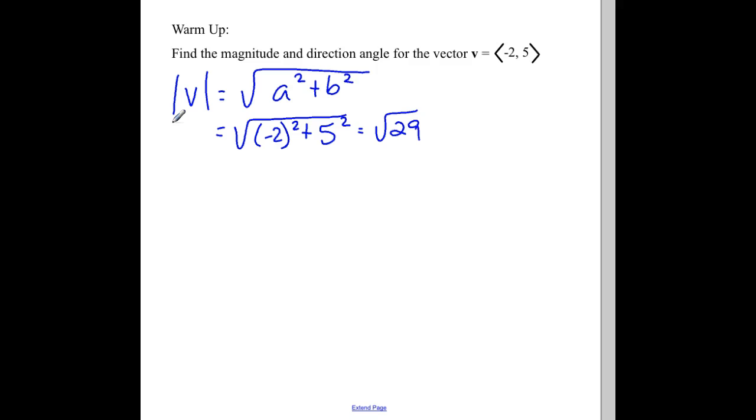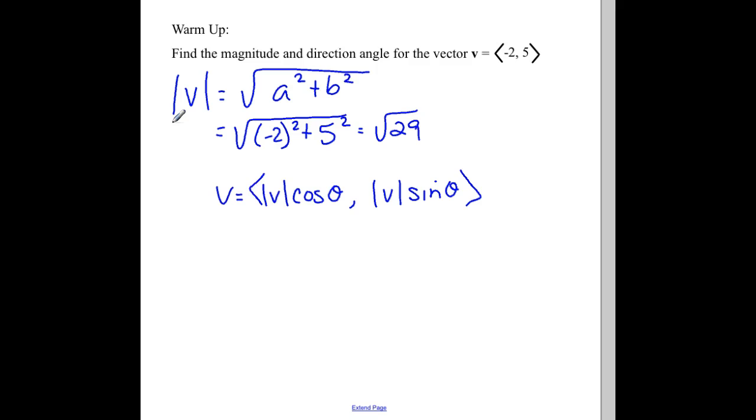Okay, so if you look in your book at how to find the direction angle, they're going to use magnitude to help you figure that out. They're using that idea that your components of a vector are the magnitude times the cosine of the direction angle and the magnitude times the sine of the direction angle.